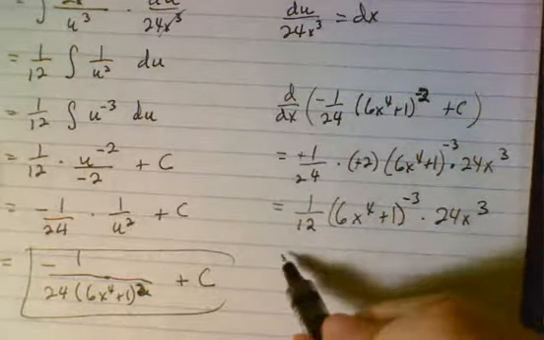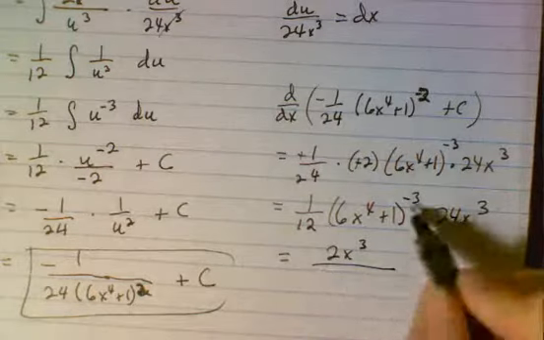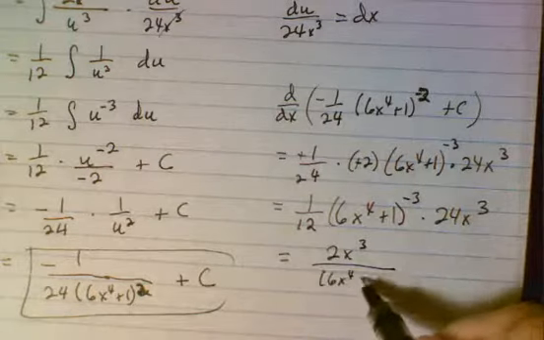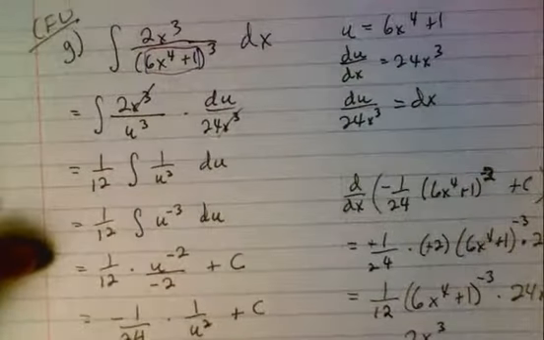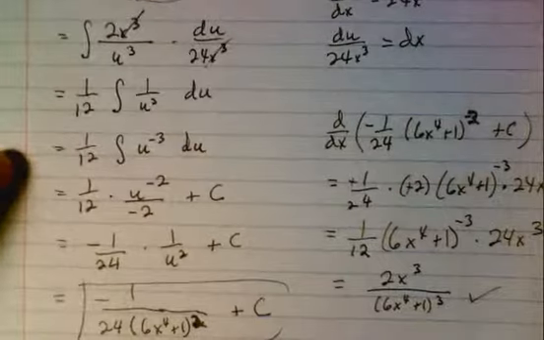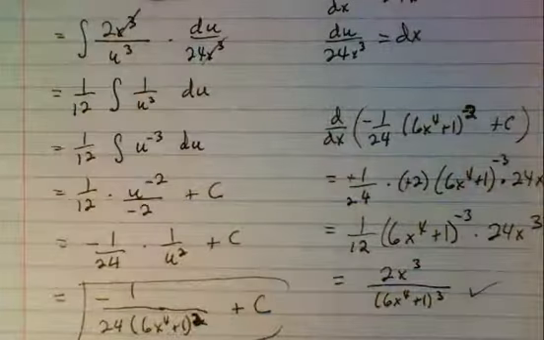So this 24 divided by 12 is going to give me 2x to the third. And then this is all in the denominator. It's 6x to the fourth plus 1 cubed, which once again is what I started off with up there. This concludes antiderivatives for notes.